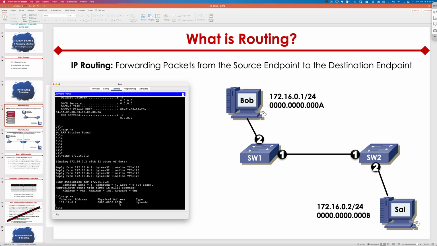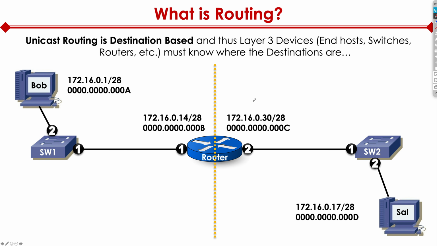Now let's quickly take a look at the other topology where we have a router in the middle to go a little bit deeper into this stuff. In this example here, we've got two separate subnets. We've got a subnet on the left and a subnet on the right. And I have this imaginary dotted line in the middle to differentiate between the two subnets.